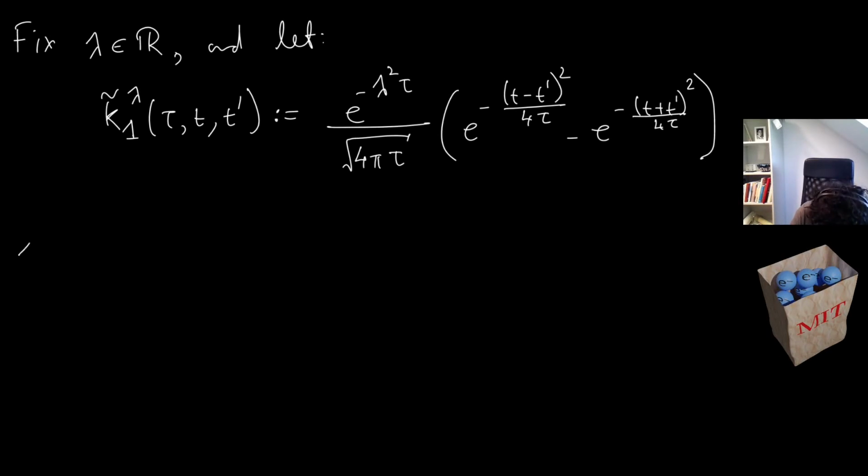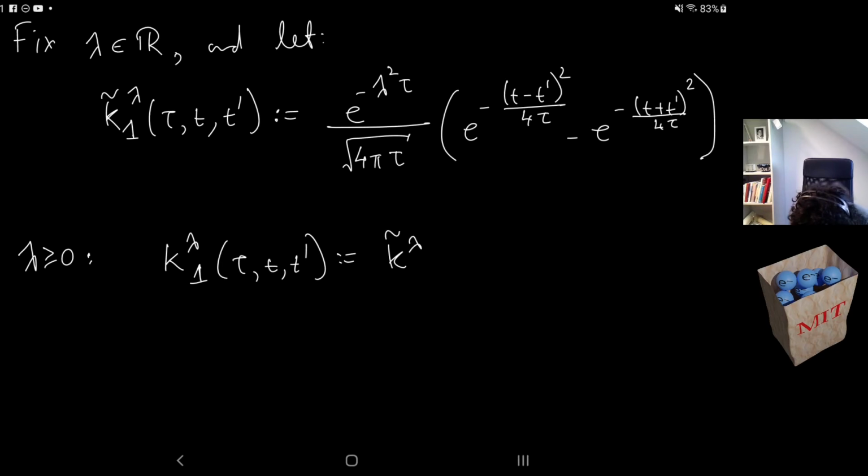So when lambda is positive, we define k lambda 1 tau t prime equal to just the tilde, right? So this is t tau t prime.